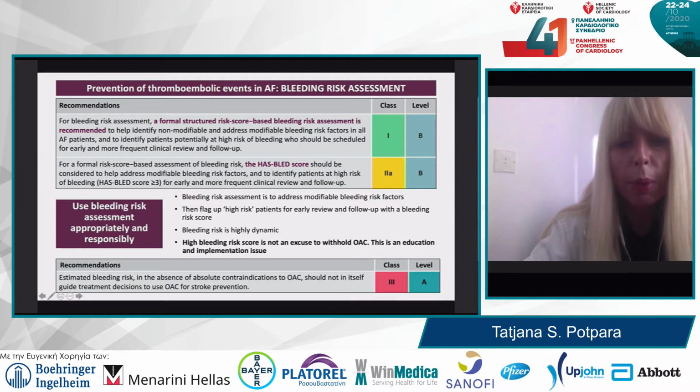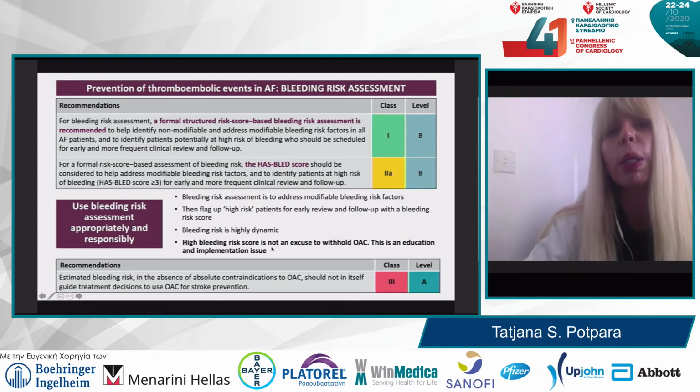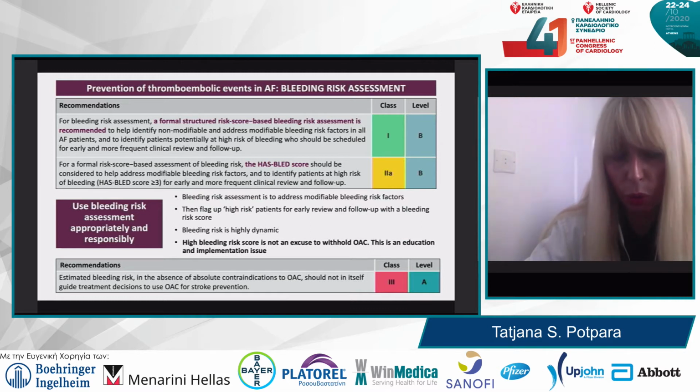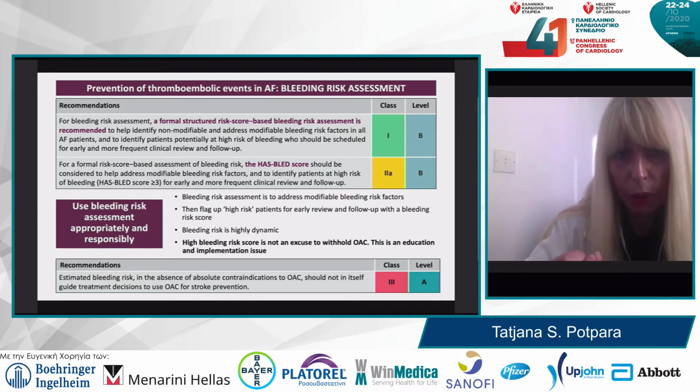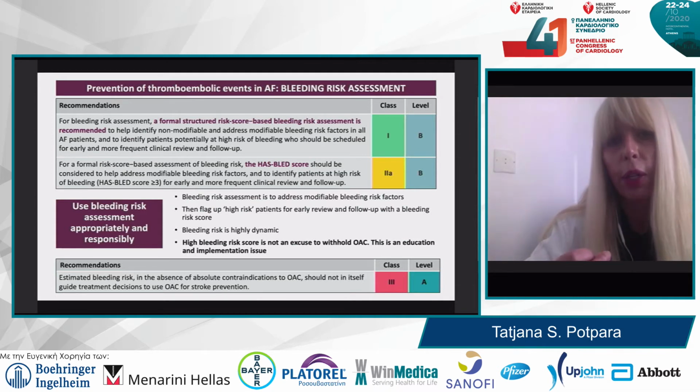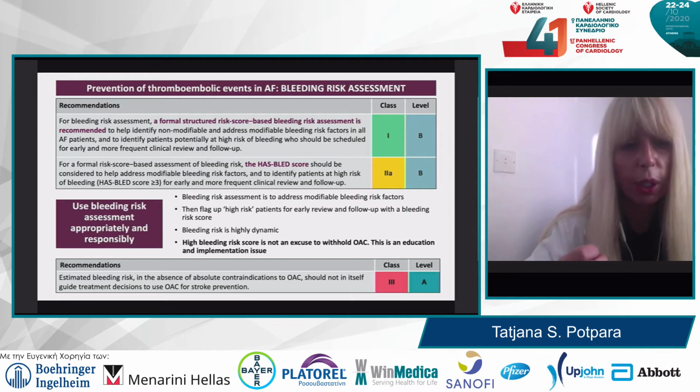Importantly, high bleeding risk score value is not an excuse to withhold oral anticoagulant therapy or to deny oral anticoagulation to patients at increased risk of stroke. And this is not a matter of the bleeding risk score. It's an educational and implementation issue.